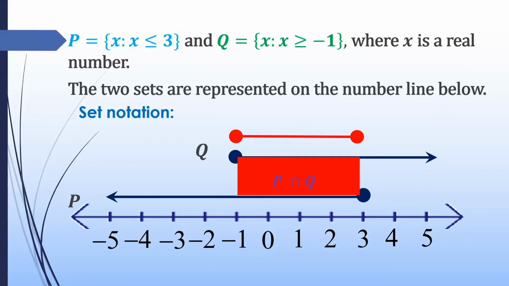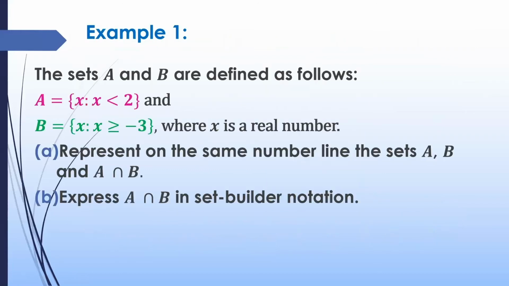How are you going to write it in set notation? So you can see that here I have a shaded circle at -1 and a shaded circle at 3. So in set notation, this is how you're going to write it. Shaded circle, remember, means that x can be equal to this value. So this is P intersection Q. Now let us look at this example. The sets A and B are defined as follows.